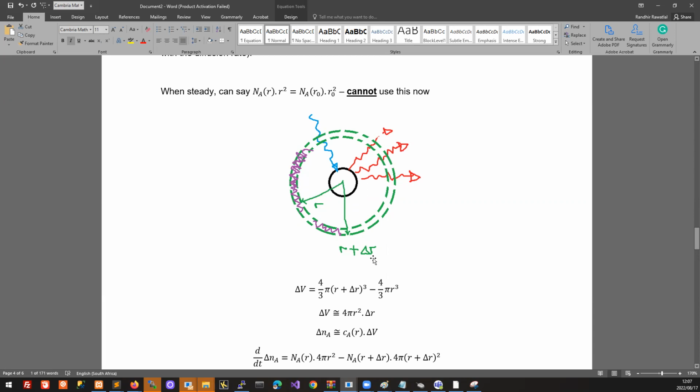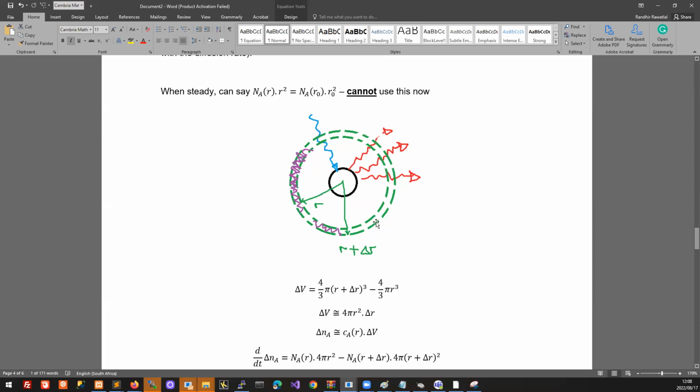Yeah. So I just want to confirm that the reason you're saying the second one is r plus delta r is because you're adding the thickness, the one you call delta r. Are you just adding it on to r to call it r plus delta r? That's right. So this volume that we are interested in has an inside face at r and an outside face at r plus delta r.